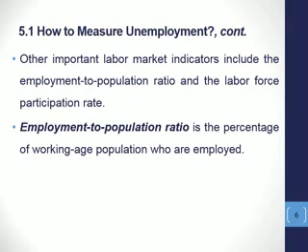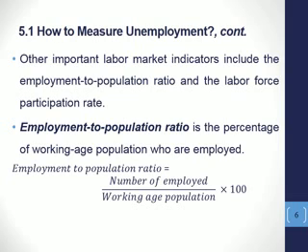So here we are talking about all those who are part of the working age and who found a job, who are considered employed. This indicator is important. Why? Because this indicator shows the job availability in the economy. When this ratio increases, this means that more and more jobs are available in the economy. So employment to population ratio equals number of employed divided by working age population times 100.